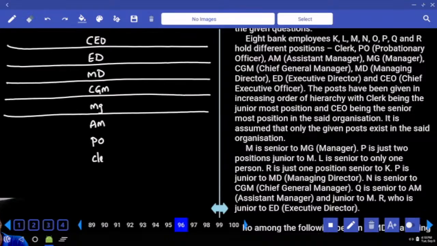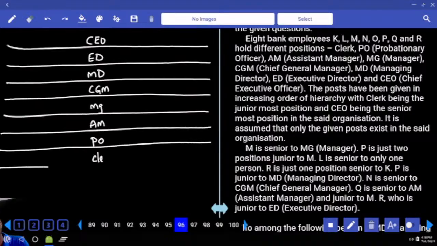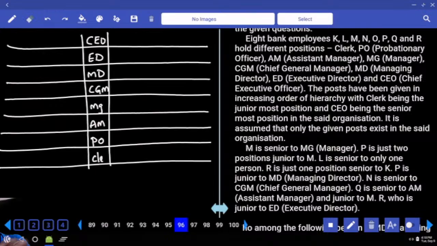Then coming to condition number 1. Now M is senior to manager, and P is just 2 positions junior to M. How many possibilities do we have? 4 possibilities.